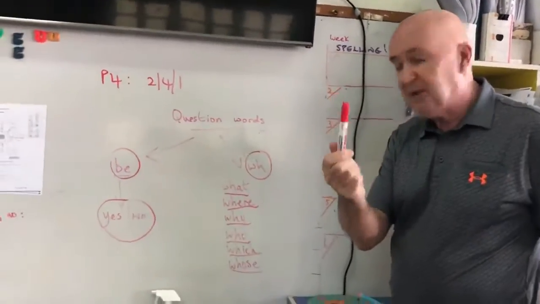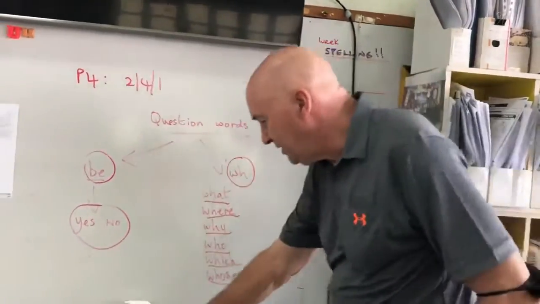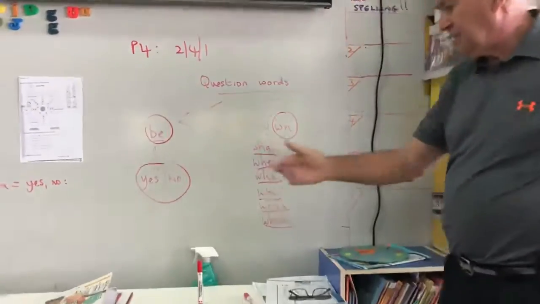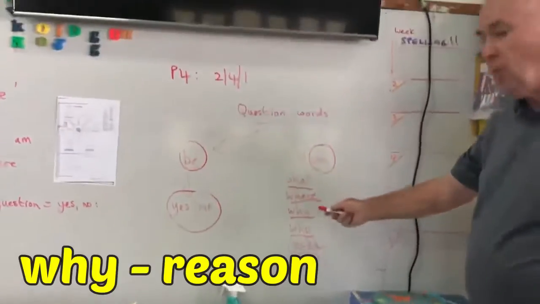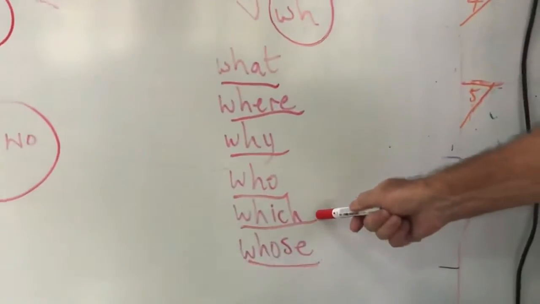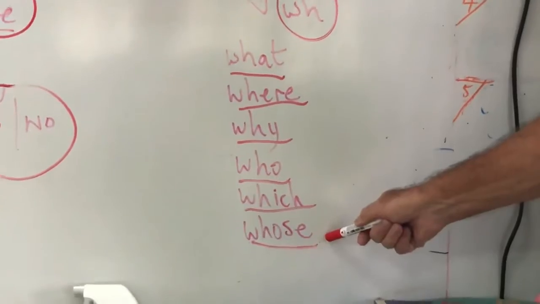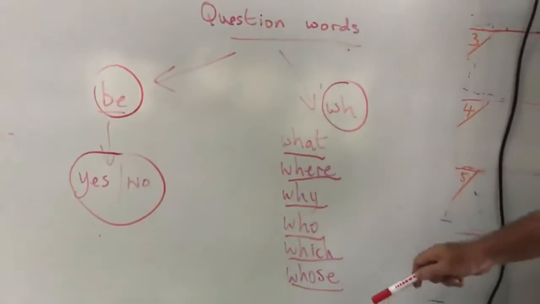What is this? It's a marker. Where, the answer will be a place. Where is it? It's next to the whiteboard. Okay? If it's why, the answer is a reason. Who, the answer will be a person. Which and whose will be different answers.